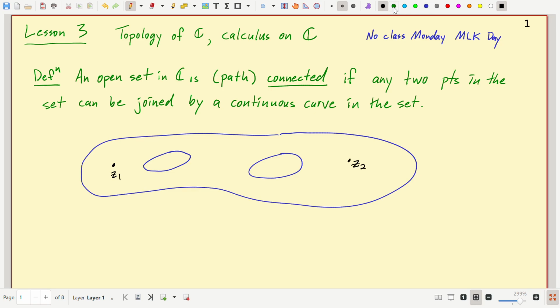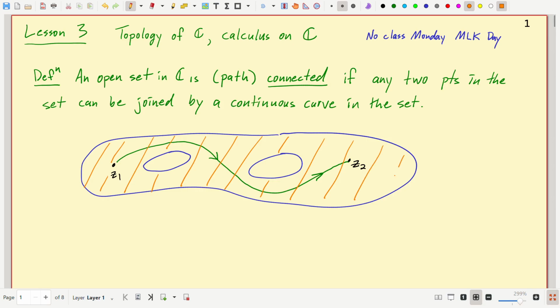Then there's a continuous curve that connects the two, completely contained in the region, in the open set. So the open set here doesn't include the blue line, but it's the shaded stuff inside. So that's an open set.